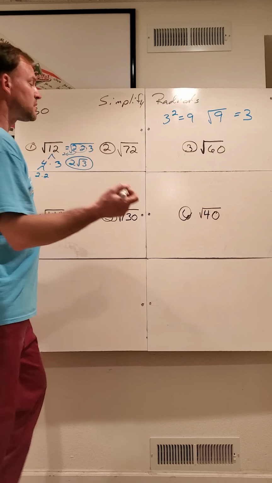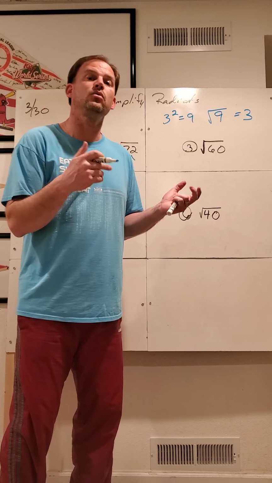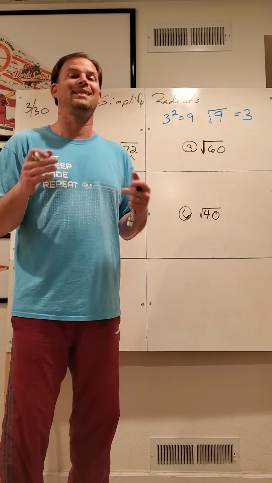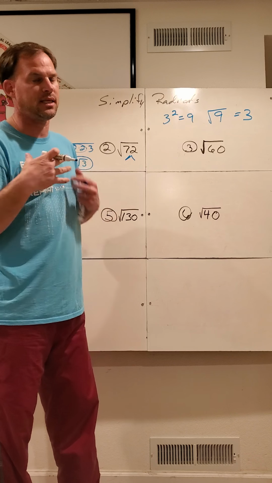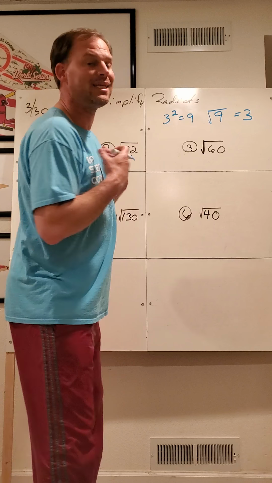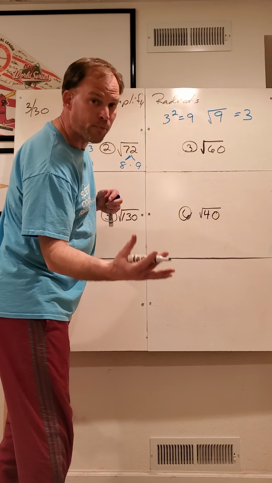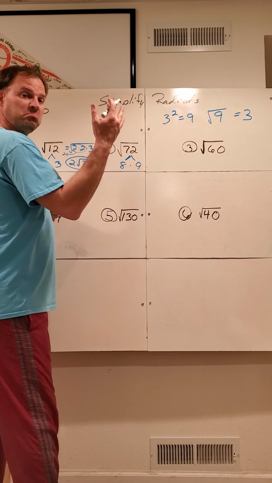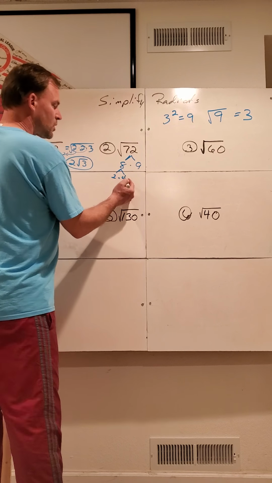Number 2, 72. How would I start 72? Some of you are thinking 2 and 36. Some of you are thinking 8 and 9. It doesn't matter where you start. You'll all get to the same place at the end. Me personally, I'm going 8 and 9. Break it down. Does 8 break down? Sure, 2 times 4.